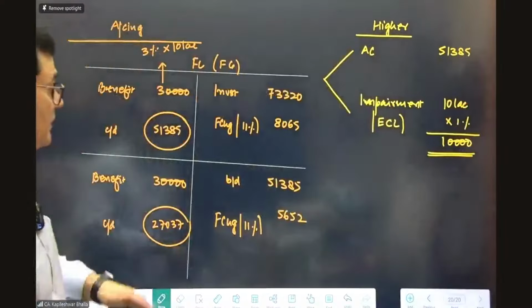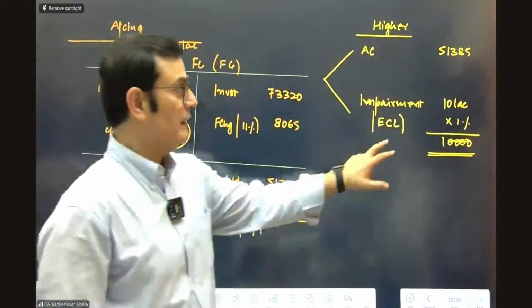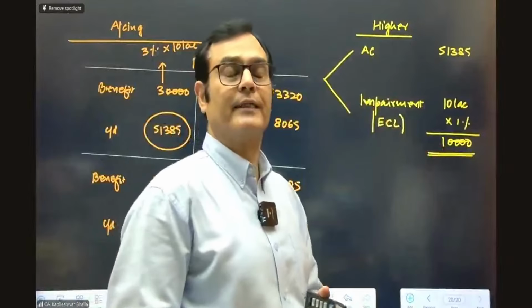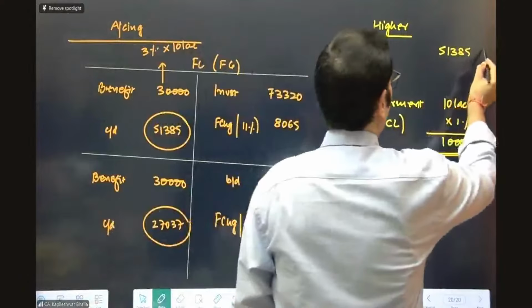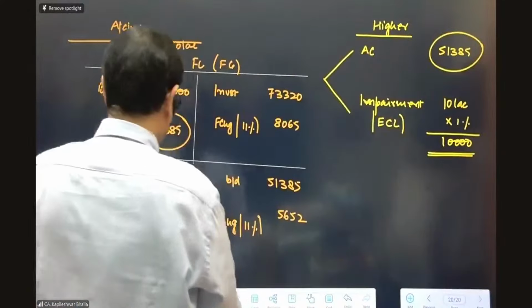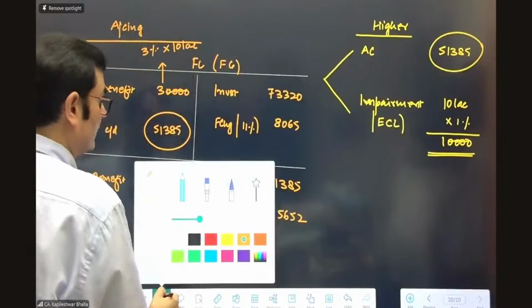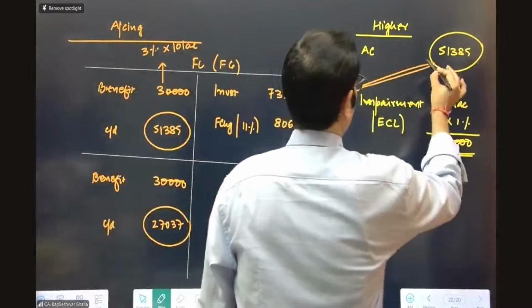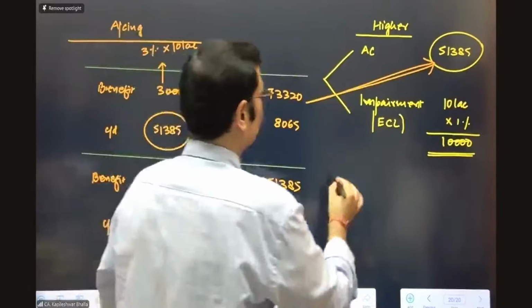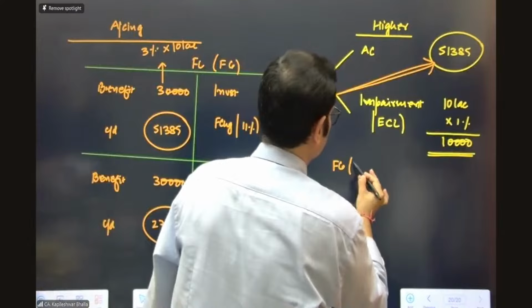This is at the end of first year. This is the amortized cost value, and this is the expected credit loss. If the loan is not repaid, we need to record it at the higher of the two. So if you need to record this at the higher of the two, then you need to bring this financial liability down. So we can decrease the financial liability, the financial guarantee.